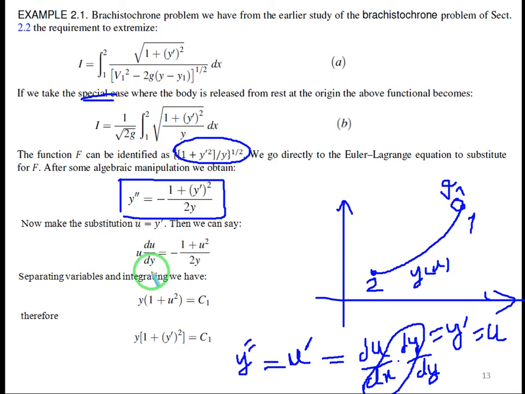u times the derivative of u with respect to y equals minus 1 plus u squared, all over 2y. By collecting all of the u parameters on the left hand side and all of the y parameters on the right hand side and integrating them, we can reach these equations.